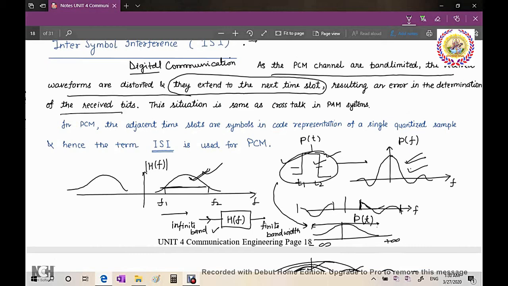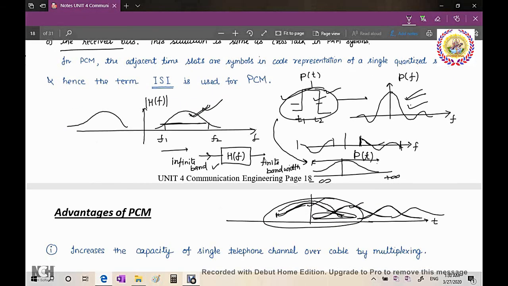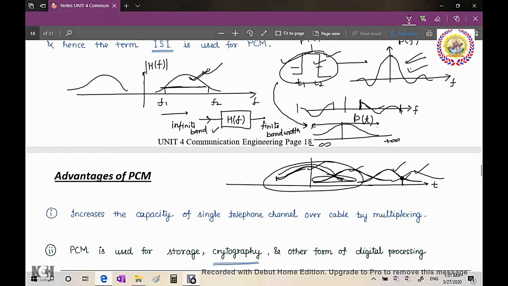You cannot predict. For example, if I want to calculate the sample value at this time interval, we cannot say whether this sample belongs to this pulse or this pulse, and due to this uncertainty, we will get an erroneous output.